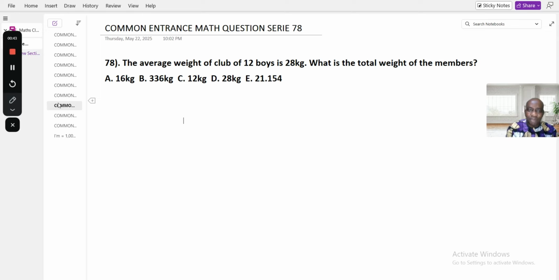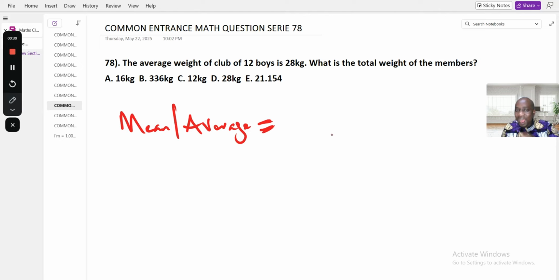What is the formula for the average? The mean is the same thing as average. It means that you add everything together and divide it by the total number of the boys there. Now, on the 12 boys, the question says that their average is 28.